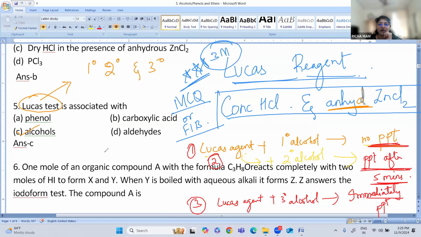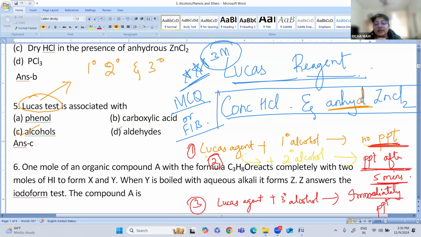Now if they ask you what you are going to get when tertiary alcohol is reacted, you are going to get the PPT immediately, fast. When you react your primary alcohol with Lucas reagent, what will be the result? You will say no PPT.